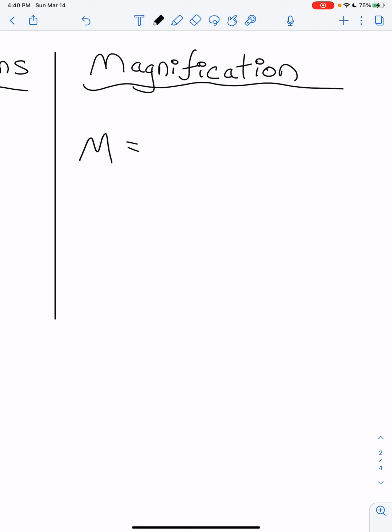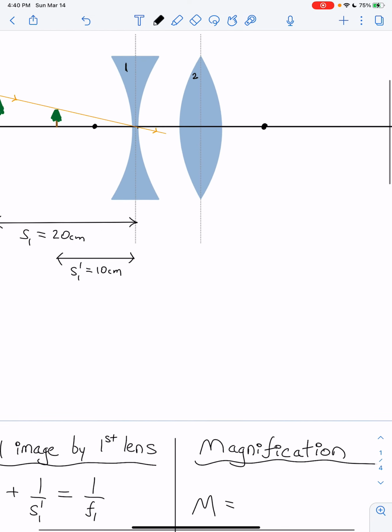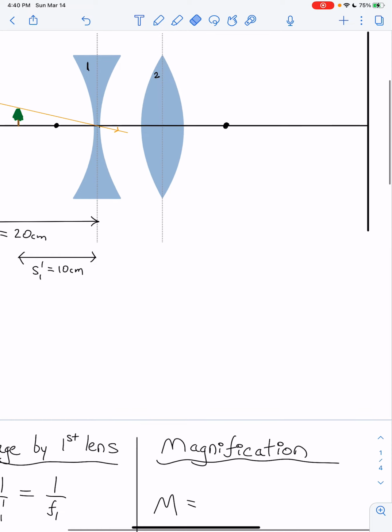And we can look at this and also know that if we have an upright object to the left of these lenses, that is going to give us an inverted image on the other side, because we're going through this convex lens. So we have an upright image on the left, and this is our object for the second lens.